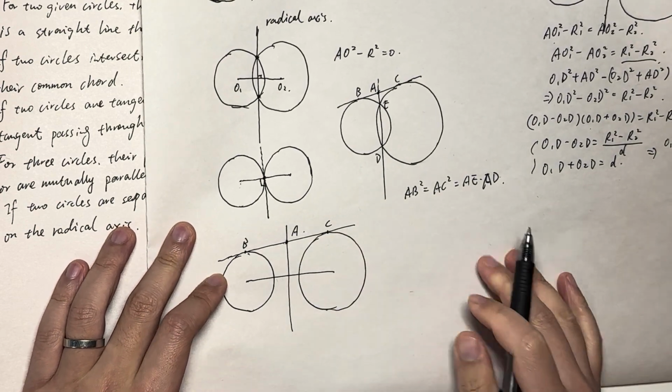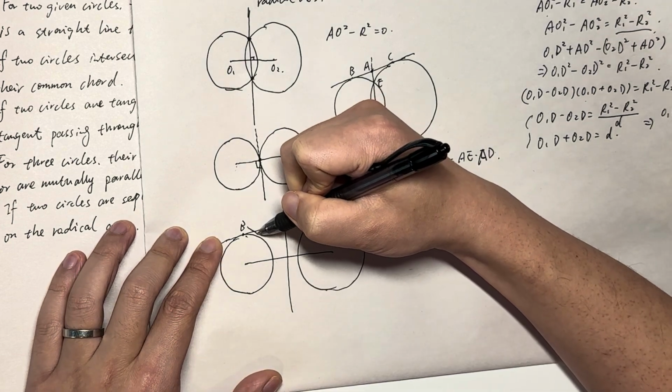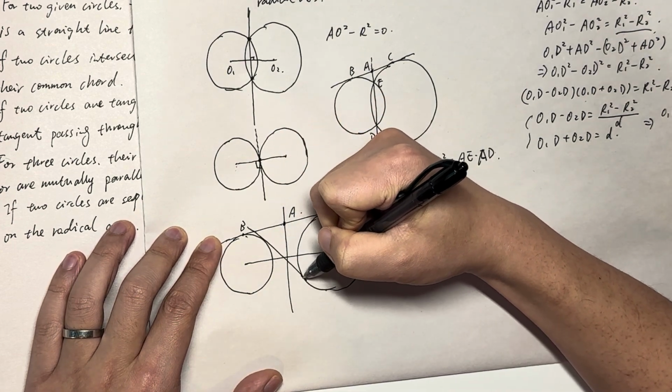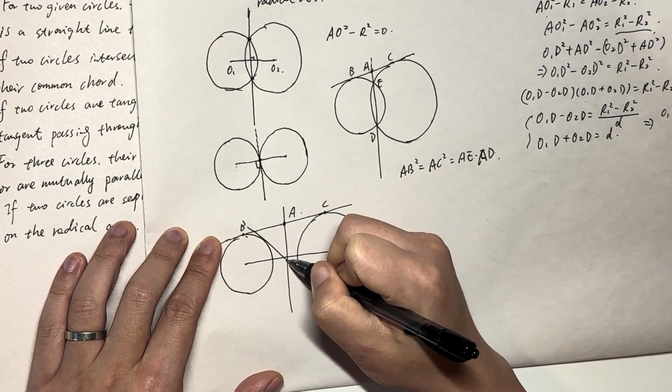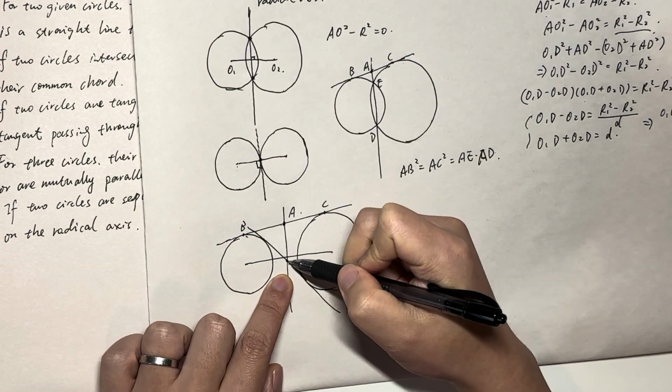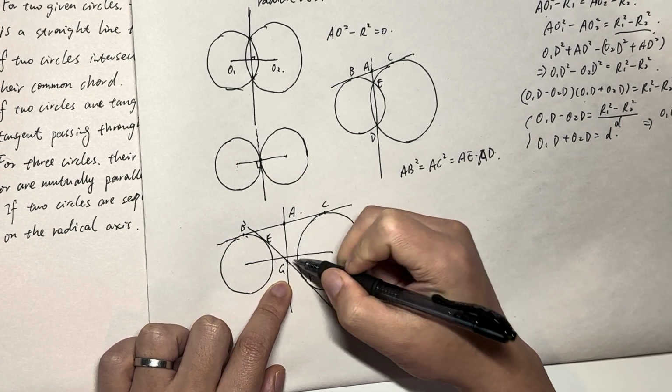So it must be on the radical axis, and also for the inner tangent, right? The midpoint also satisfies that GE equals GF.